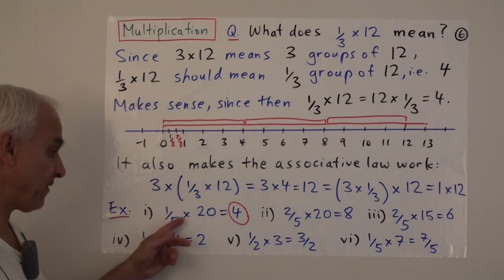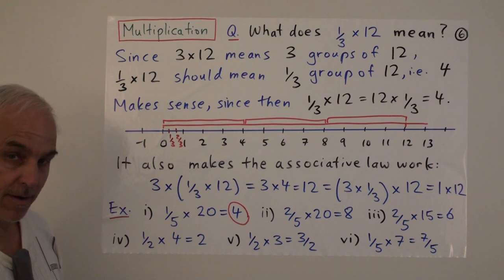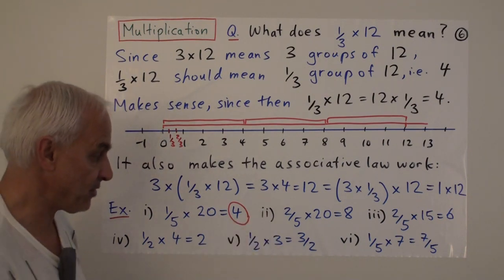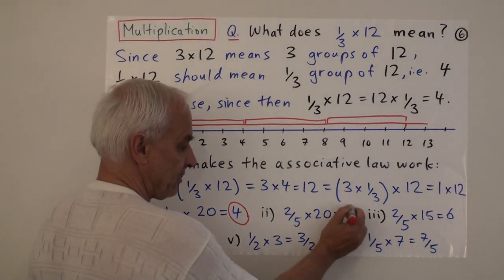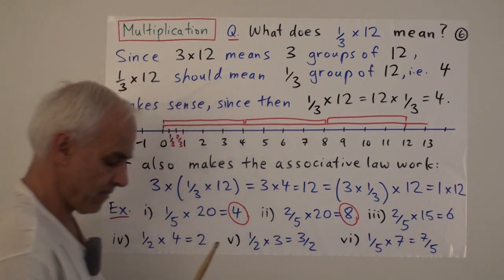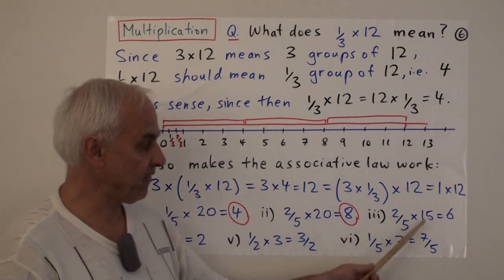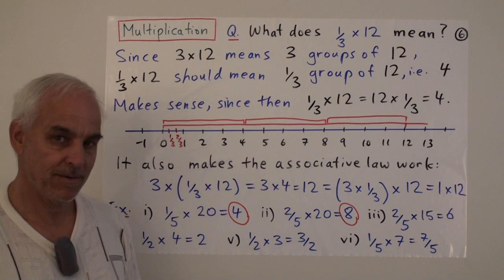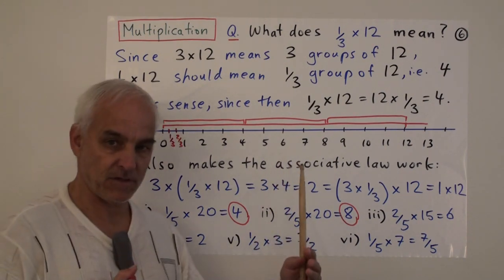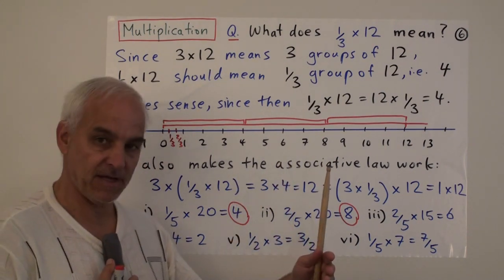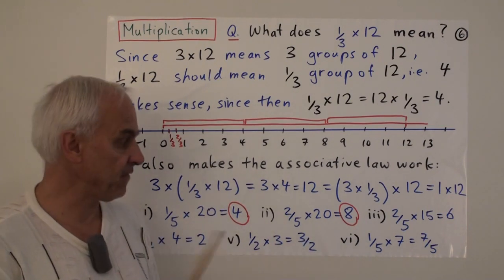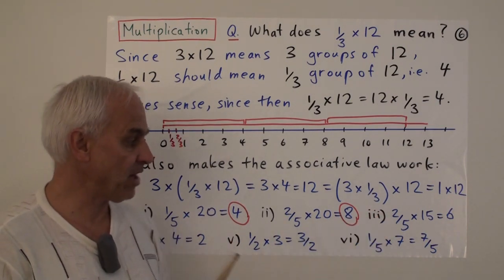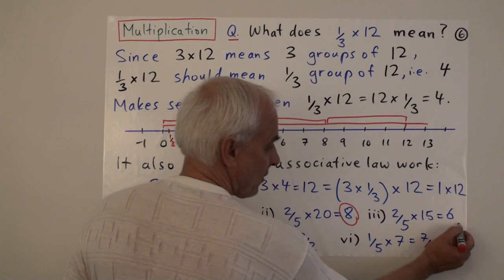Well, if 1/5 times 20 is 4, then 2/5 times 20 should be 8. How about 2/5 times 15? Well, think about the 1/5 first. What's 1/5 times 15? We're talking about 1/5 of 15, which is 3. And so 2 times 3 would be 6.